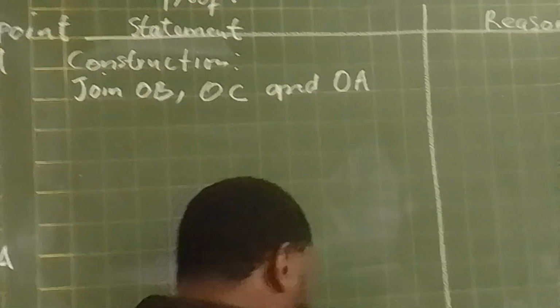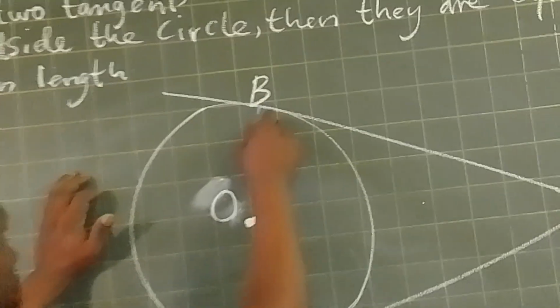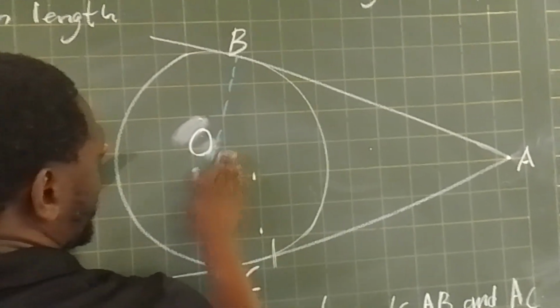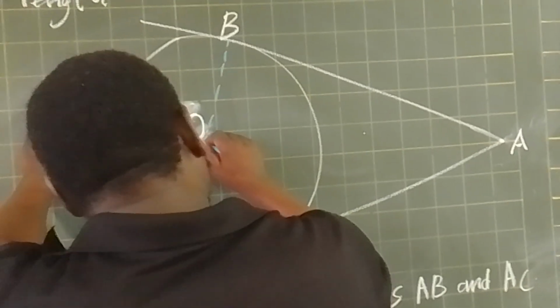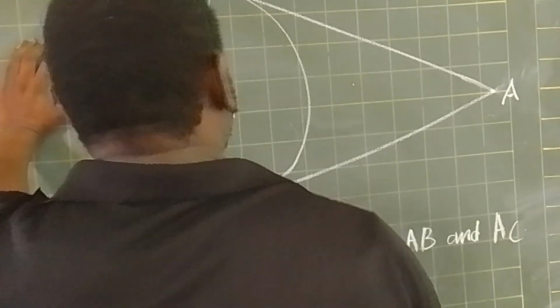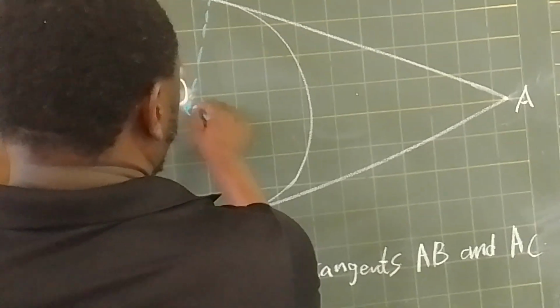Now let's join them. This is OB, this is OC, and this is OA.